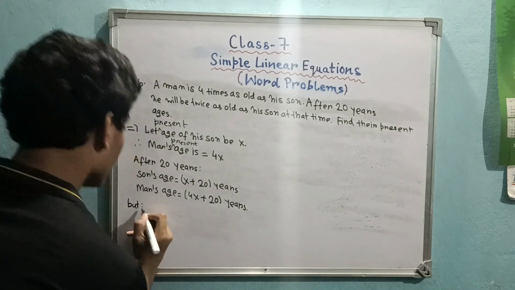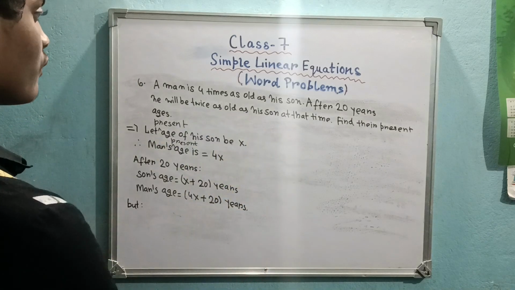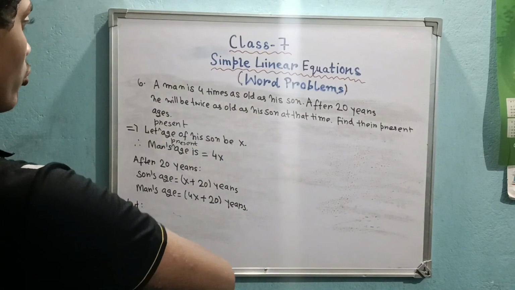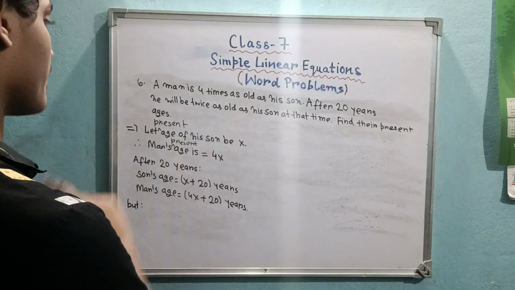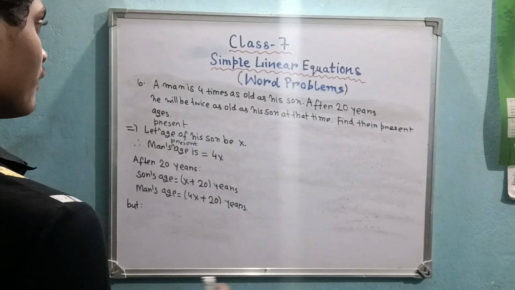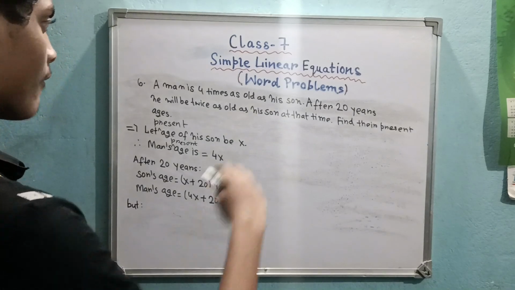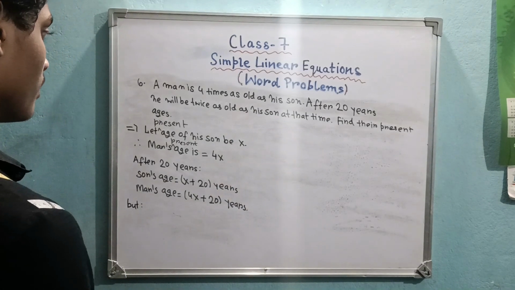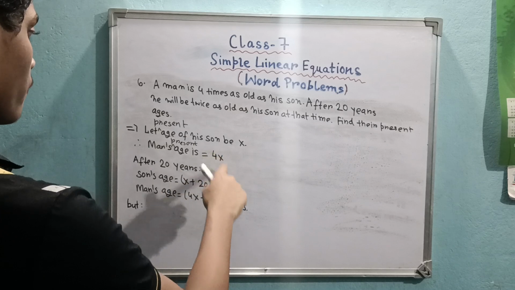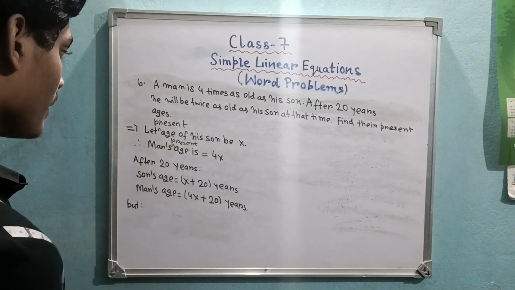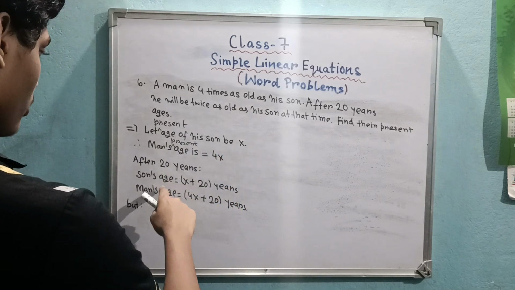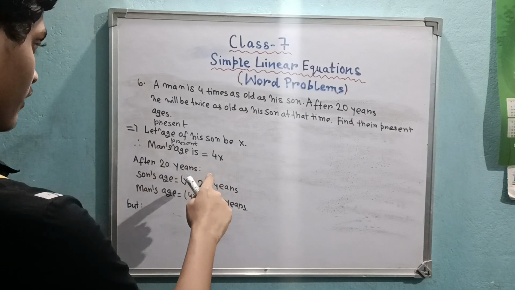What is this but? See, in the question, after 20 years he will be twice as old as his son at that time. So what is the son's age after 20 years? It is x plus 20. After 20 years, the man will be 2 times the age of the son after 20 years.